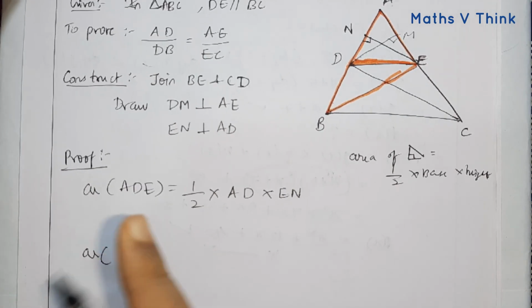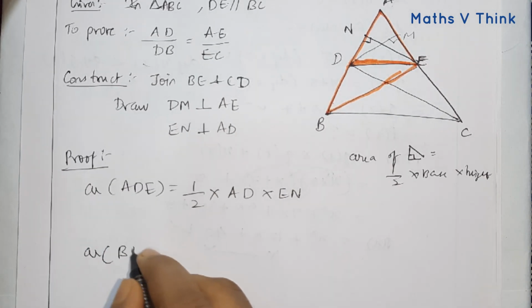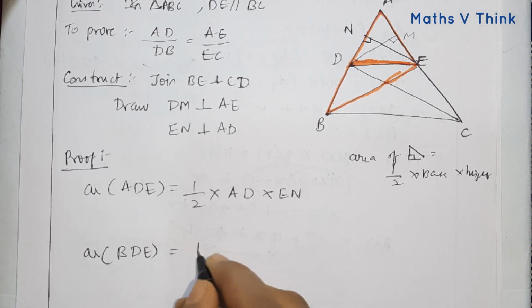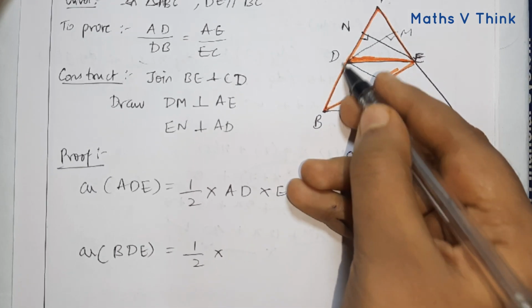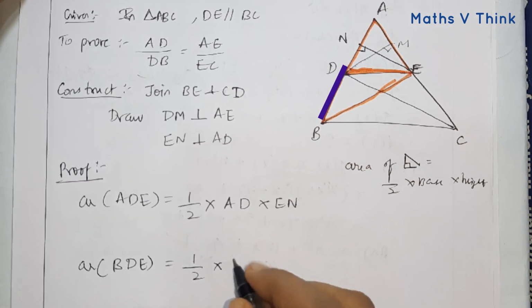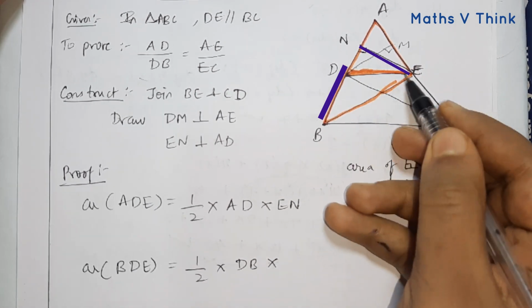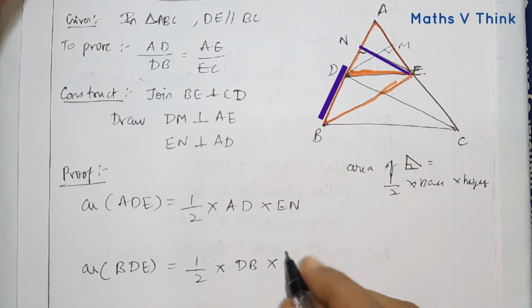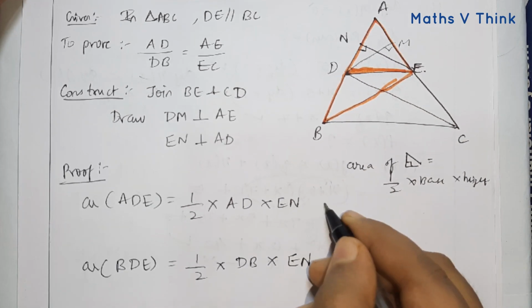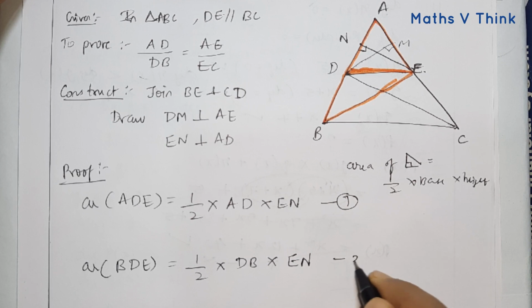So area of BDE is equal to half into base DB into height EN. For this triangle EN is the height. So let this equation be 1, this be 2.